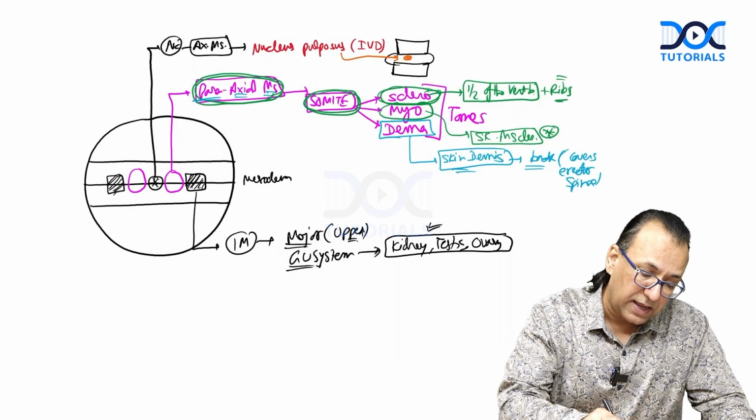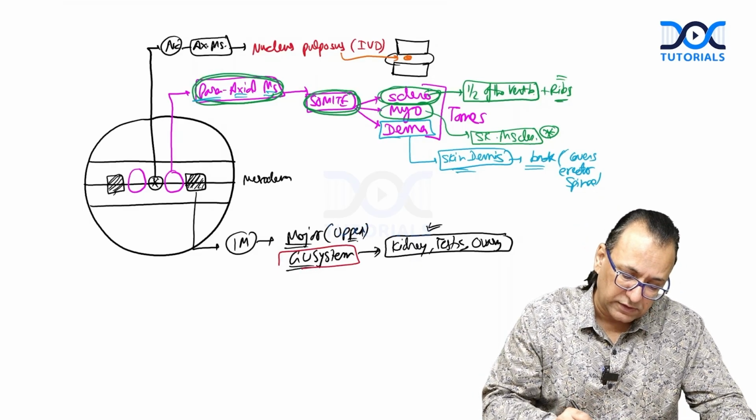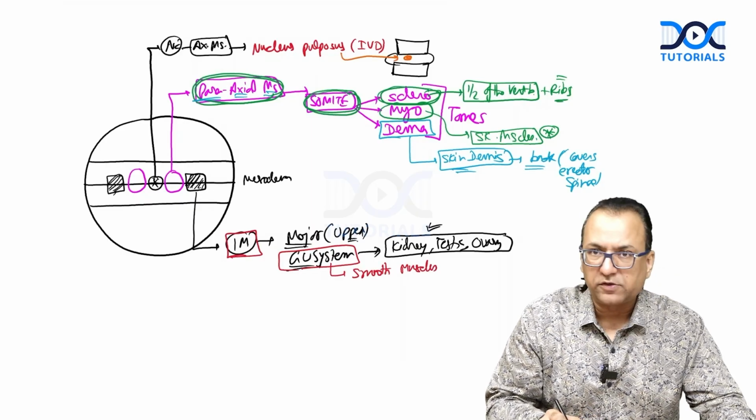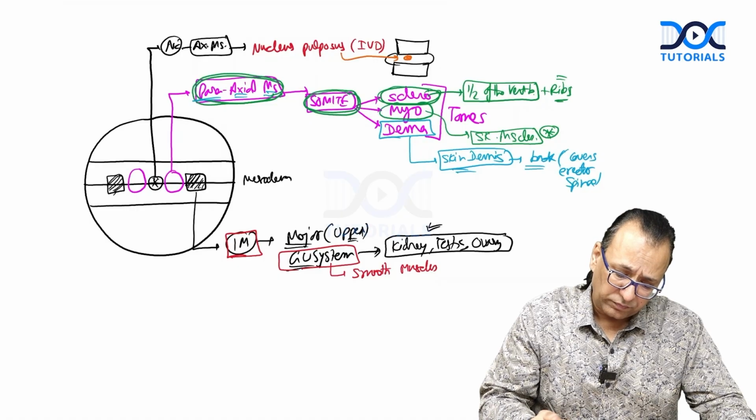And be careful that the genitourinary system will have some smooth muscles. So those smooth muscles also will be coming from the intermediate mesoderm. For example, the urinary bladder has a detrusor muscle.